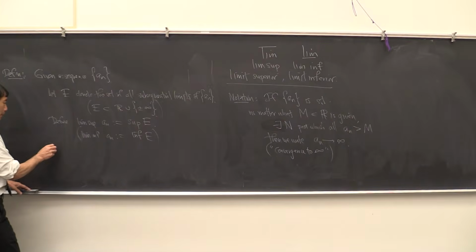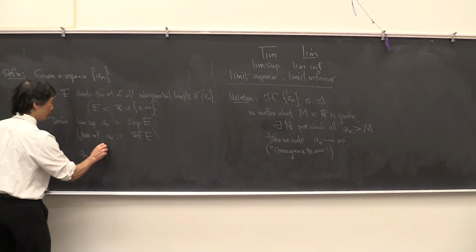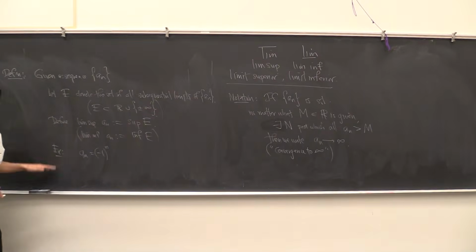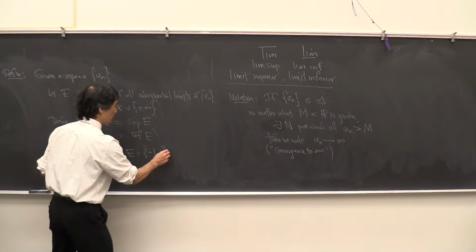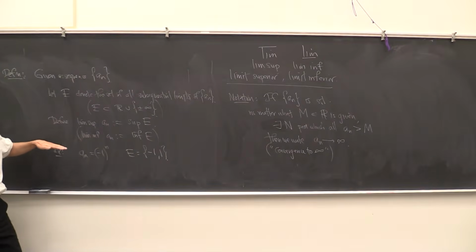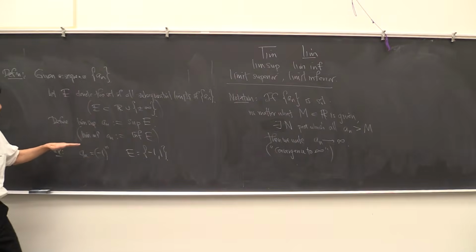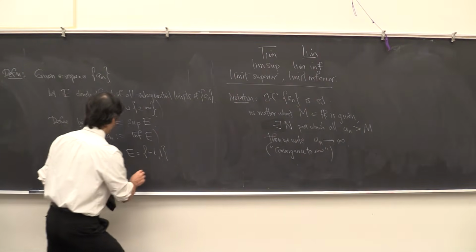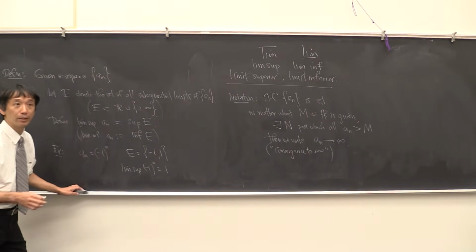Okay, so just for a very simple example, if my sequence is (-1)^n, so it just bounces back and forth between -1 and +1, then E is going to be just these two values, -1 and +1. The lim sup is 1, the lim inf is -1.